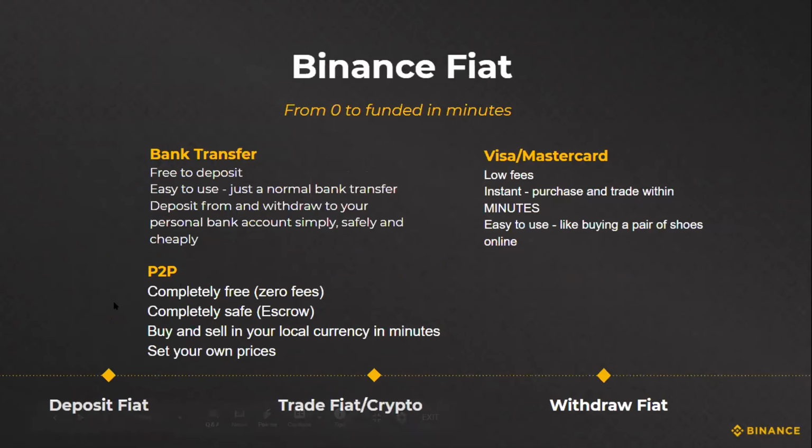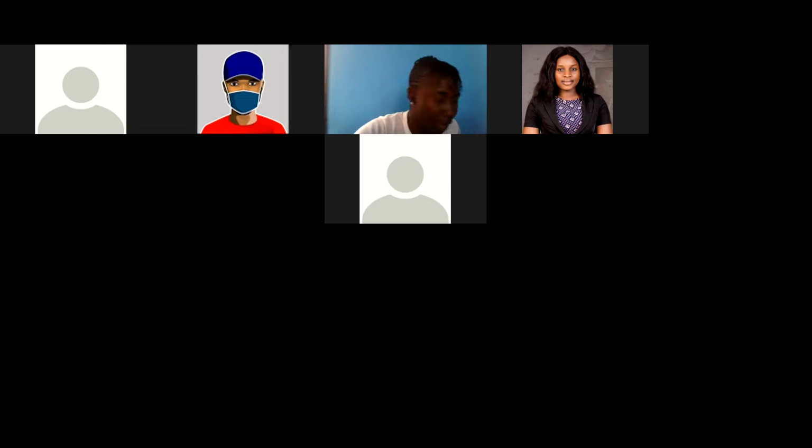It's like me buying crypto from someone who wants the same crypto. So you can buy and sell your Bitcoin in your local currency. You can also set your own price. So I'm going to share my screen now, mobile also, to show you how to do this.